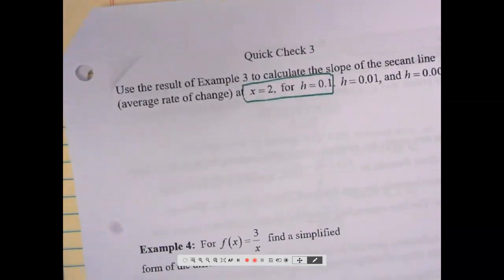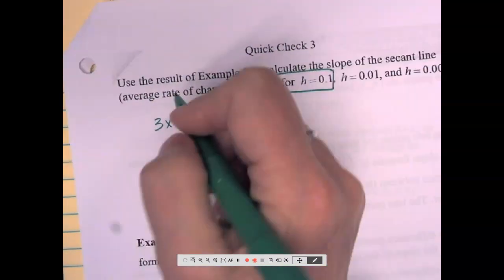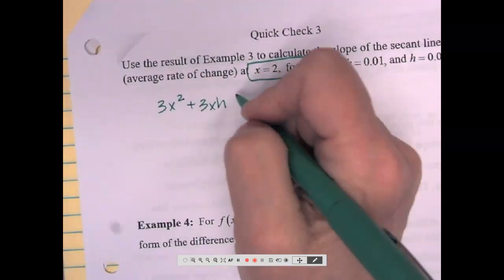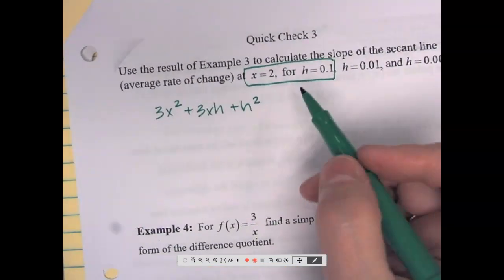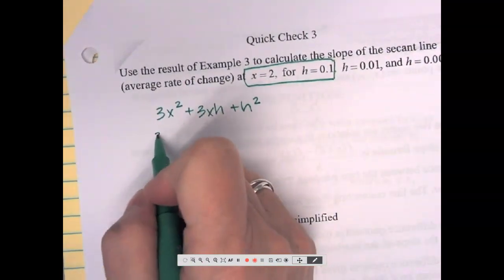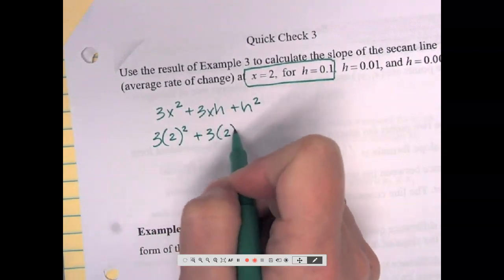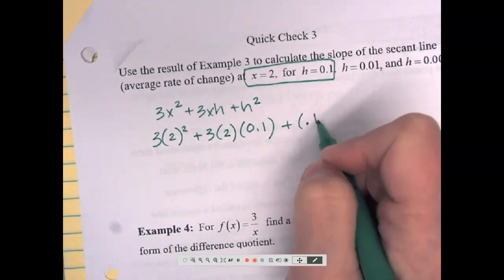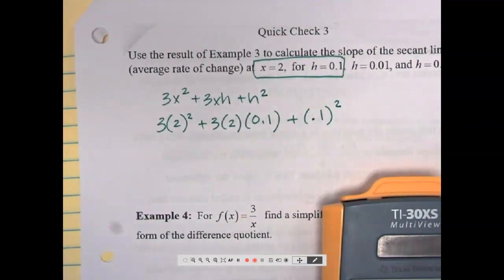Let's copy down our formula: 3x squared plus 3xh plus h squared. And then let's plug in the x and the h. So I'll have 3 times 2 squared plus 3 times 2 times 0.1 plus 0.1 squared. And let's crunch that through our calculator.